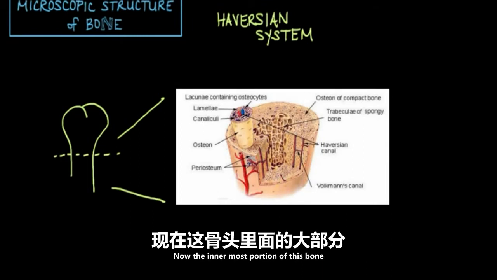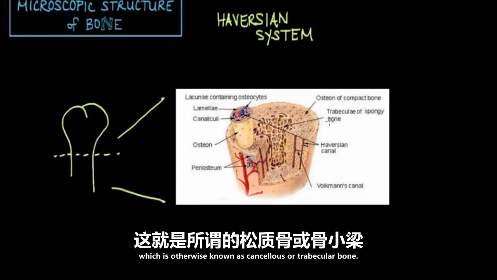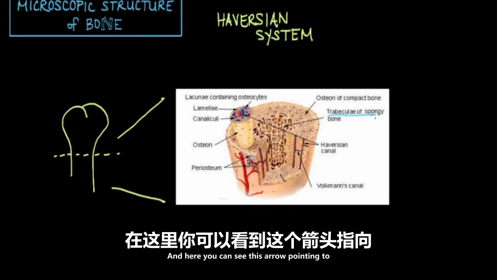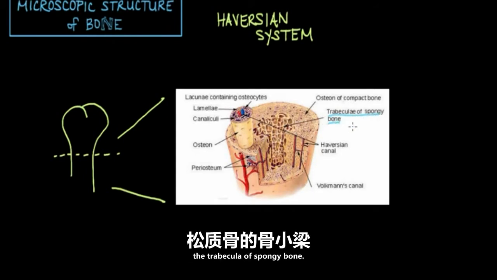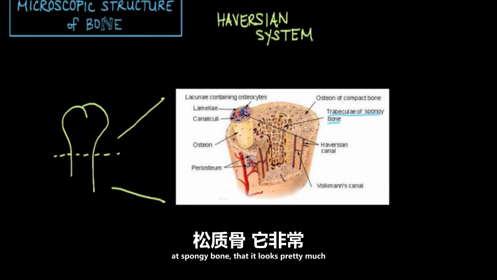Now the innermost portion of this bone is made up of what is called spongy bone, which is otherwise known as cancellous or trabecular bone. And here you can see this arrow pointing to the trabecula of spongy bone. And so it's no surprise that spongy bone looks a lot like a sponge.